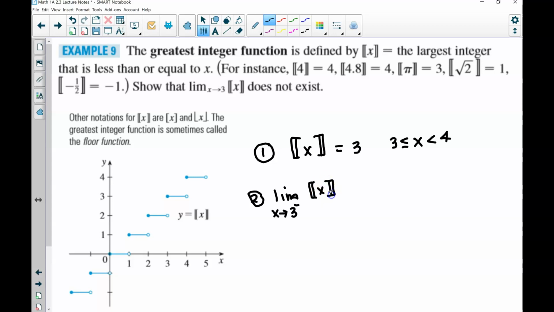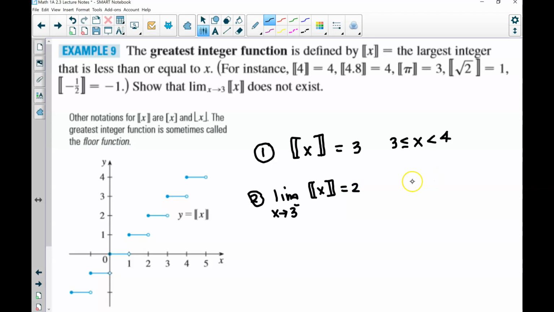So let's take a look at that. As x is approaching 3 from the left, well, it's equal to 3 at 3, but the function is approaching 2, so that is equal to 2.